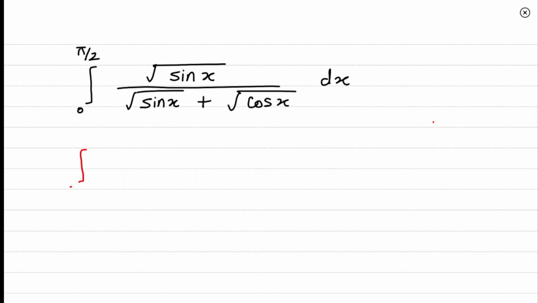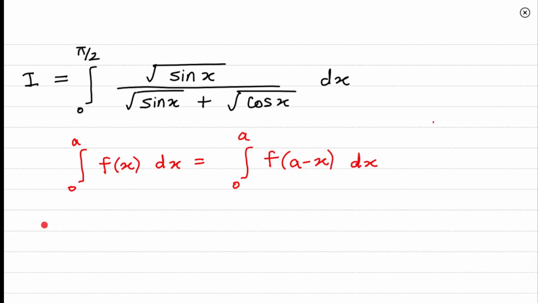So the property says integral of 0 to a f of x dx is equal to integral of 0 to a f of a minus x dx. Okay, so let's actually apply that property here. So using that property, that integral I is going to become integral of 0 to pi by 2. You can just replace your x in the integral with pi by 2 minus x.